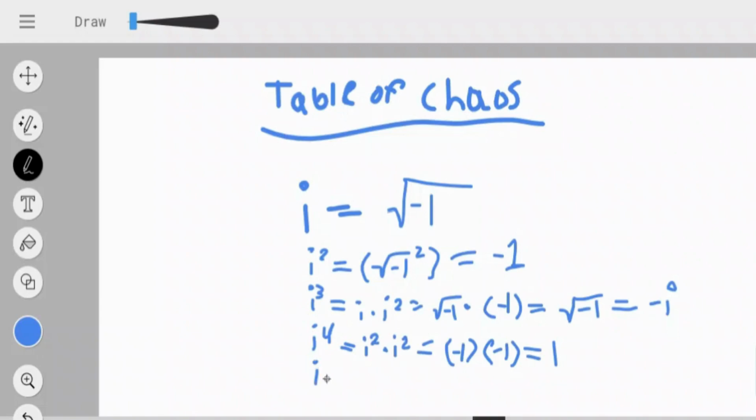We're running out of space here. But i to the 5th equals, well, I'm going to split this up: i to the 4th times i. That's the first one, it's going to be i.